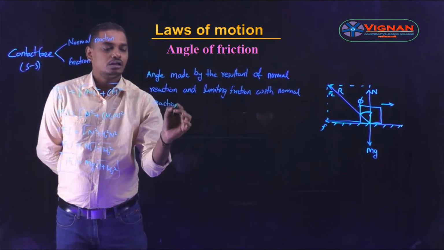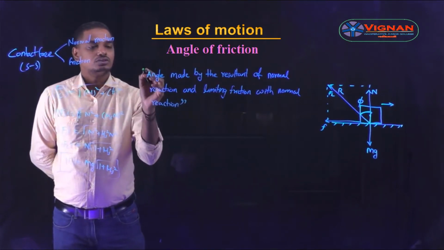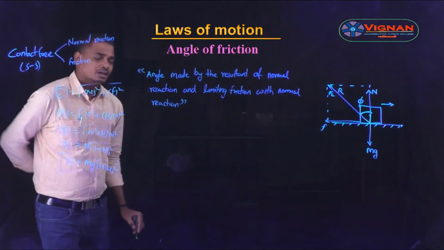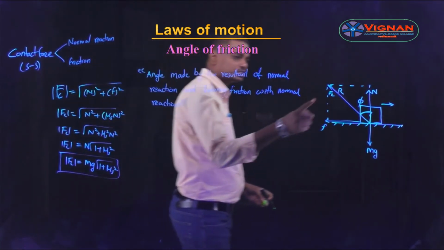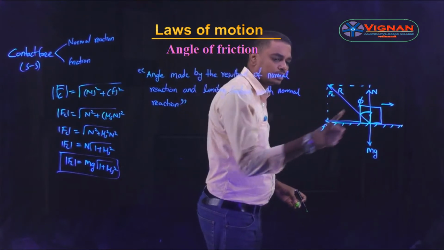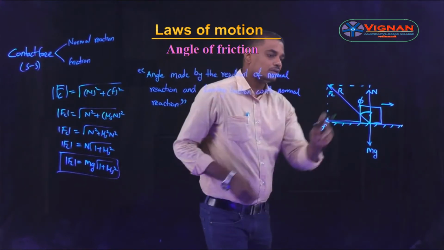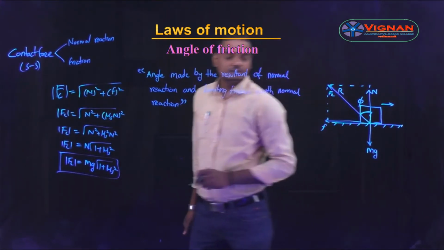This is called angle of friction. So this is the resultant of normal reaction and limiting friction with normal reaction, that is nothing but phi.